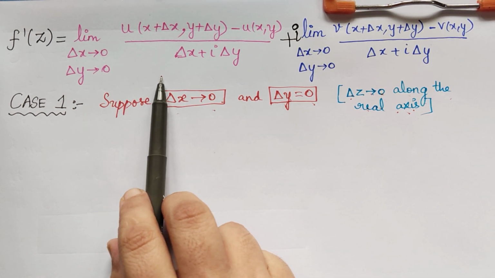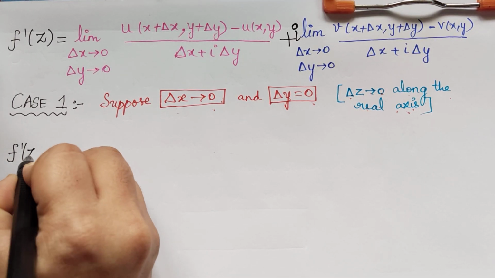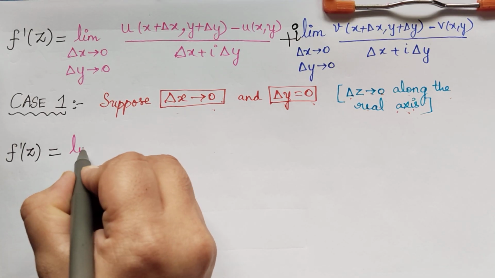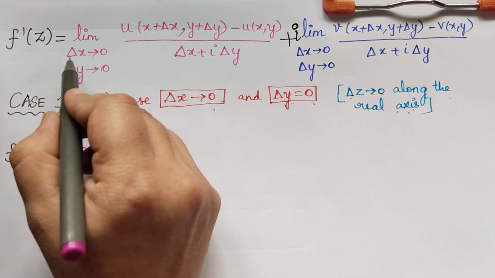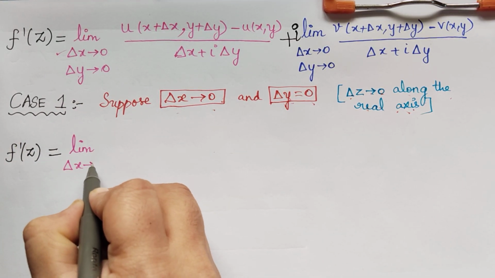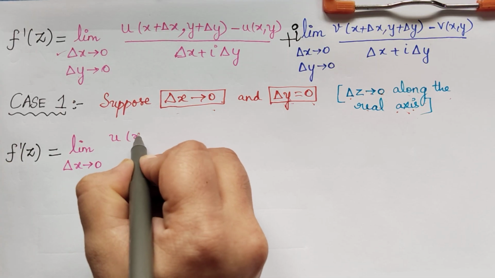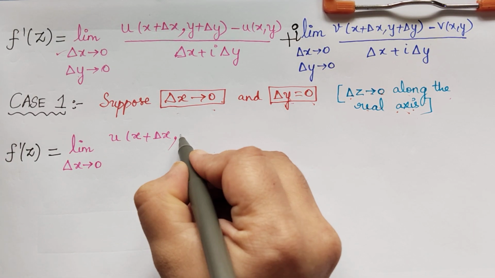So what will happen to this? f dash of z will be equal to the limit. Now since delta y is equal to 0, we will write the limit only for delta x. So delta x tends to 0, and then u of x plus delta x remains as it is, comma y.